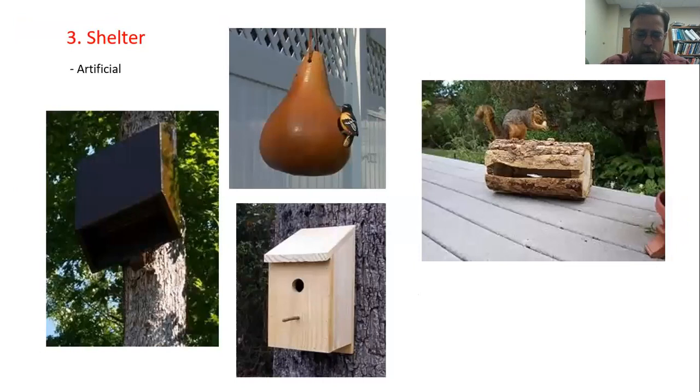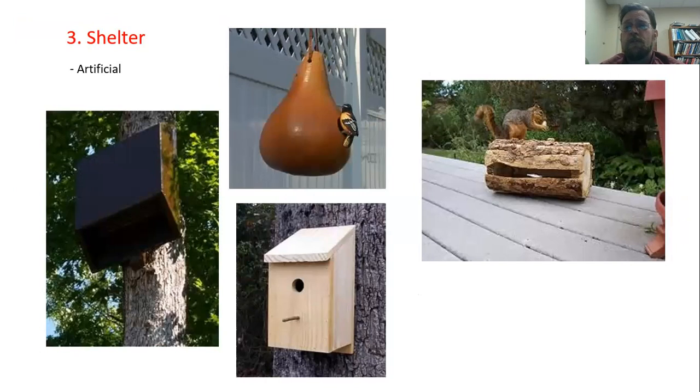Shelter is another important component there. And again, there are going to be different requirements for different animals, even different birds. They can be very particular about the type of bird houses that they're going to live in, particularly the diameter of the hole in the birdhouse can be really selective for what birds are going to want to live in that.